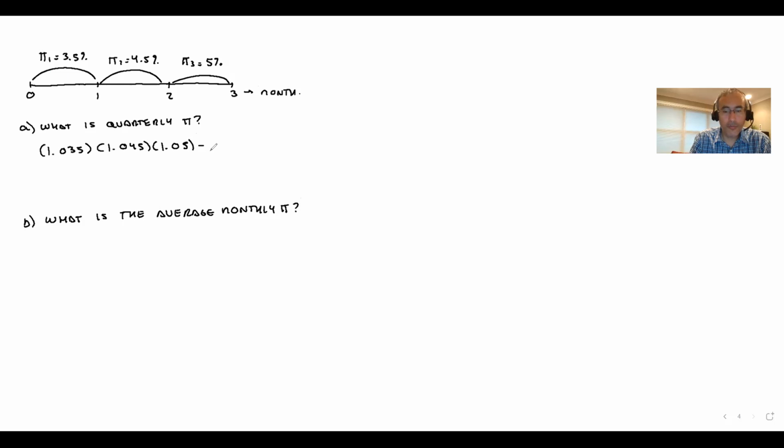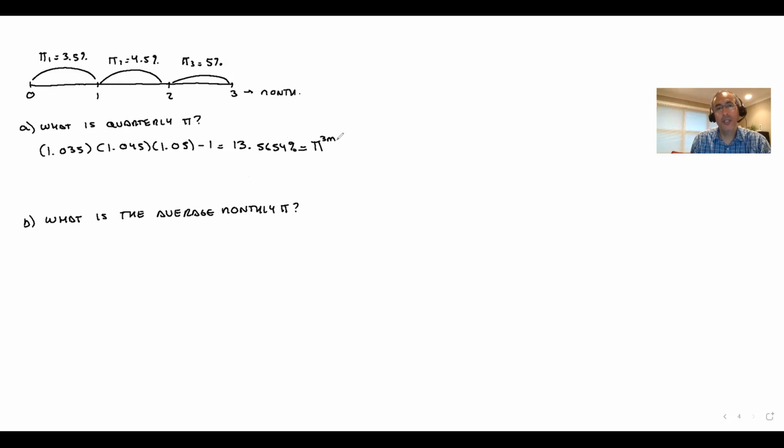Do you agree? So if you do this, what you're going to get is what? So let me multiply this. So you obtain 13 in percentage term, 13.5654%. So this one here, guys, is your inflation for 3 months.